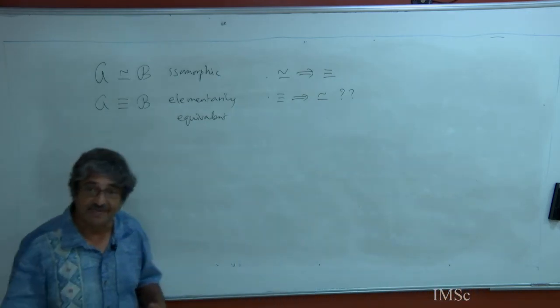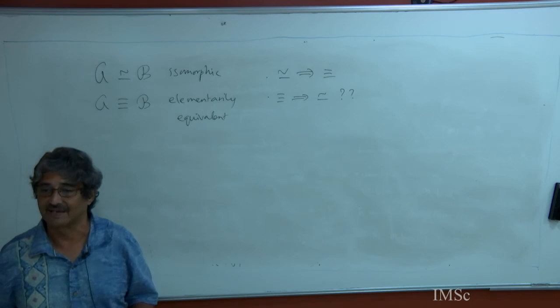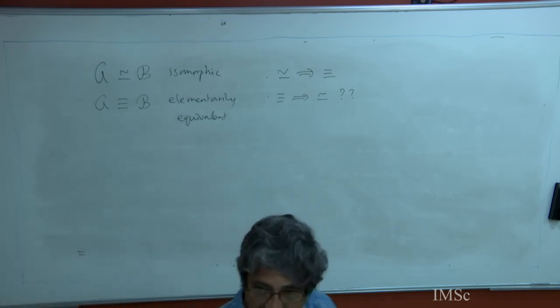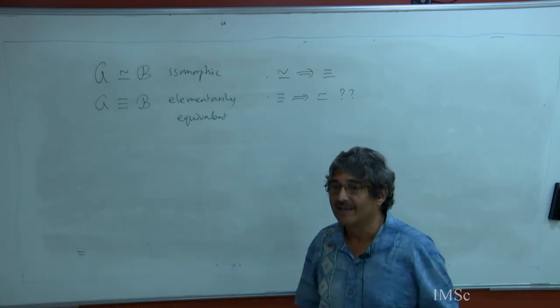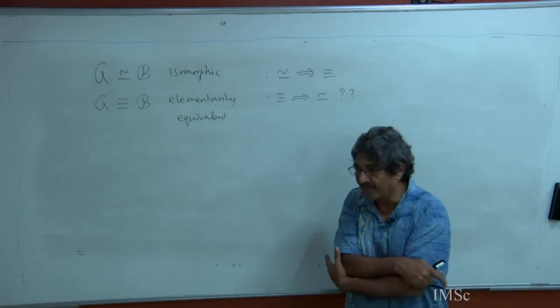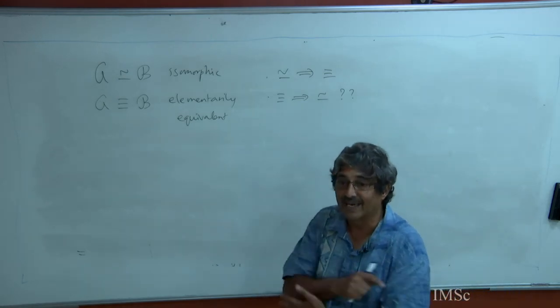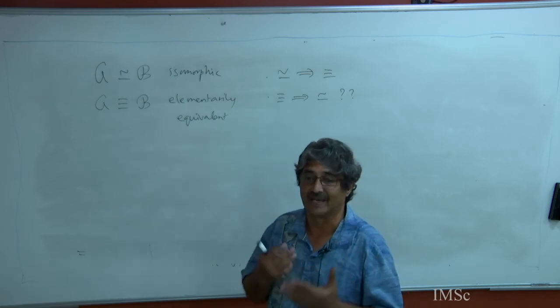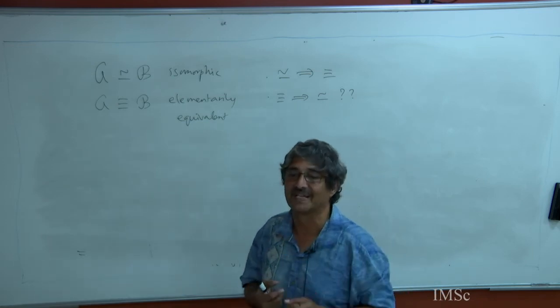And so this is part of the project that I began with. The whole point about talking about such structures in logic is that you want to define structures by their properties. You want to define elements by their properties.